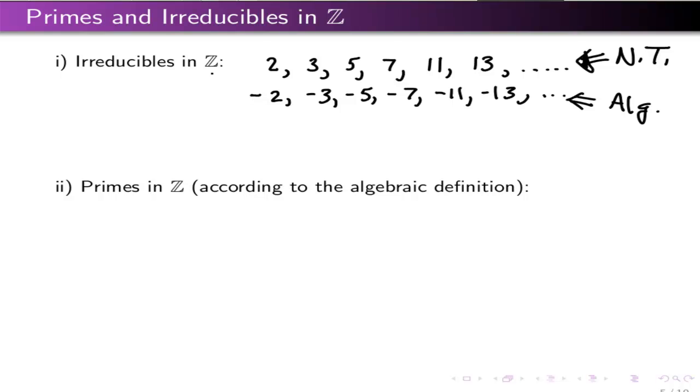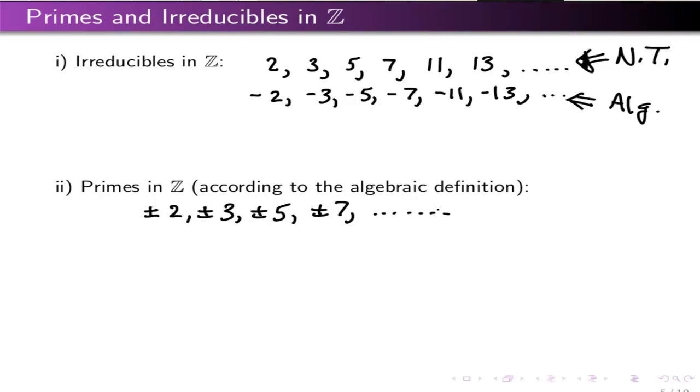And primes in Z are exactly the same objects. So again, they're just plus or minus 2, plus or minus 3. So these two words coincide for the ordinary integers.